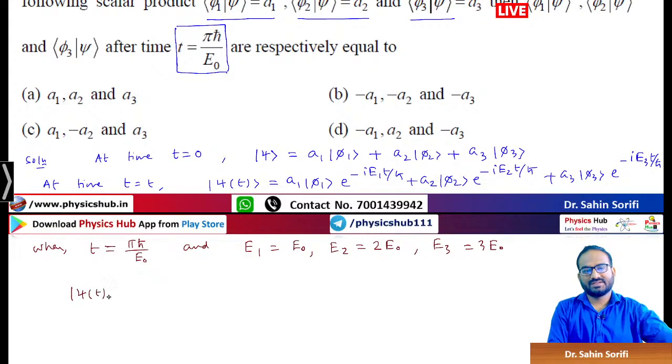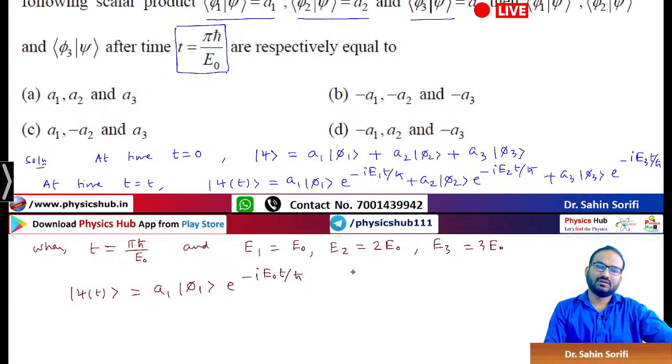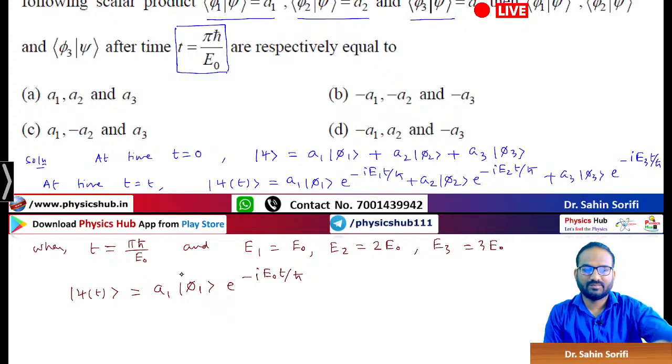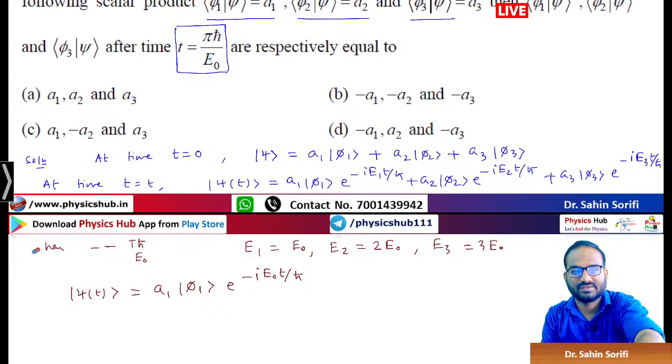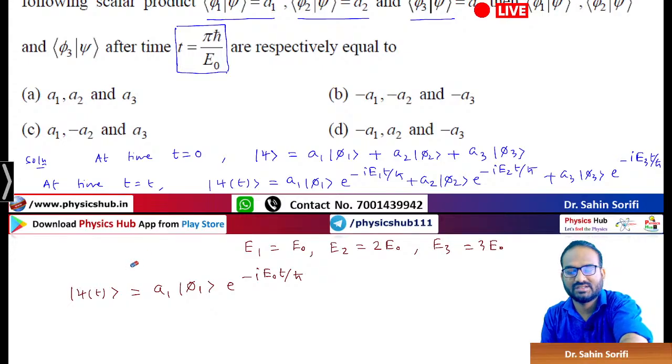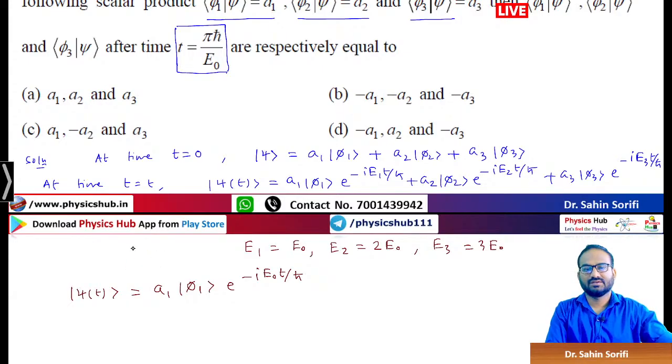What value of psi t will you get? A1 phi 1 e to the power minus i E naught t by h cut. The time factor we will write later. For the time being, let's replace the energy eigenvalues first.